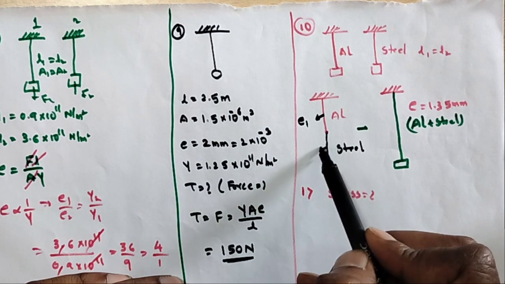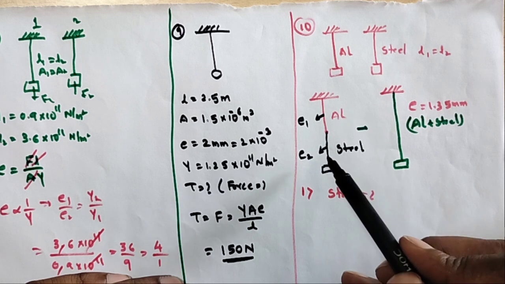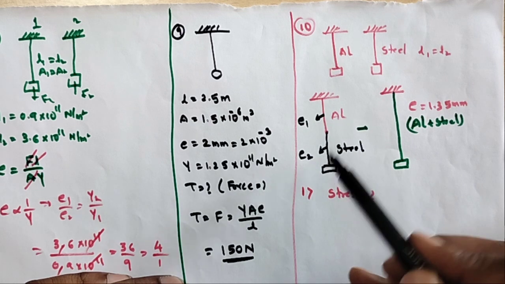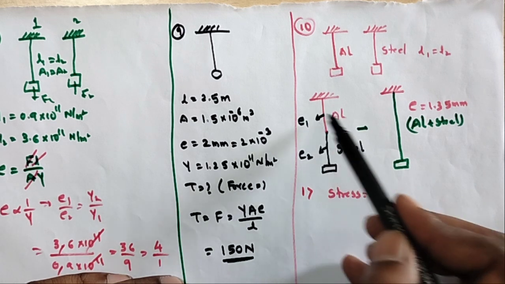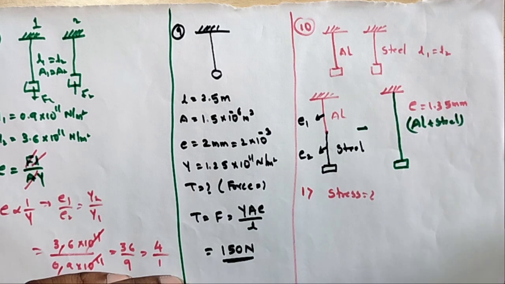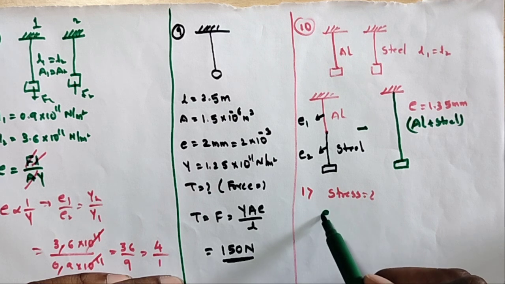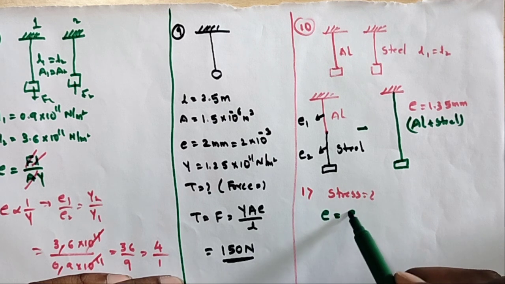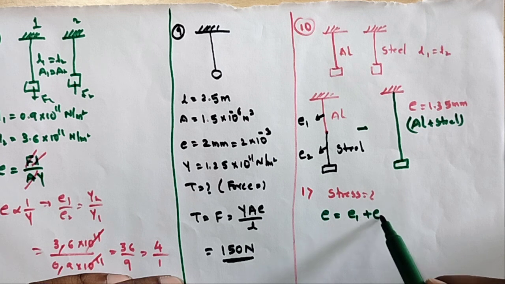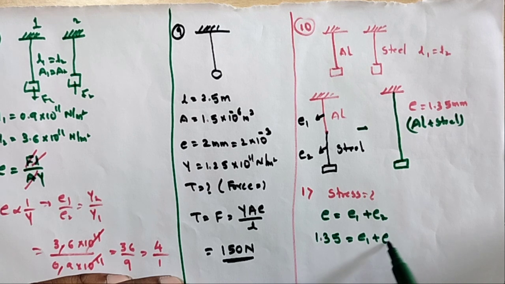The steel also expands, E2. It is not equal because different wires have different expansion. But for the composite wire, the total expansion is 1.35. So total expansion E is equal to first wire expansion plus second wire expansion, that is 1.35 is equal to E1 plus E2.